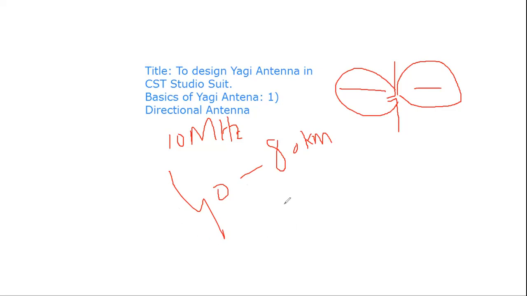There are two types of elements in the Yagi antenna.